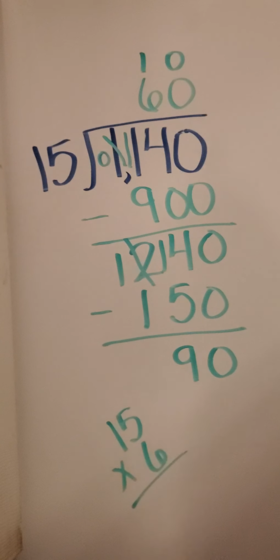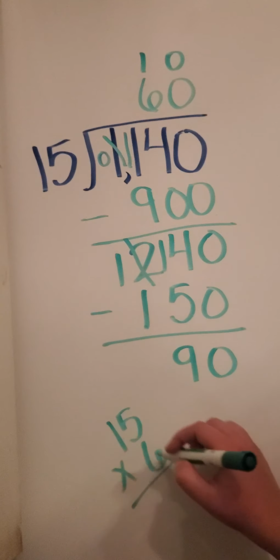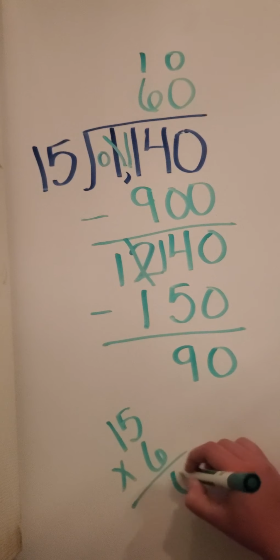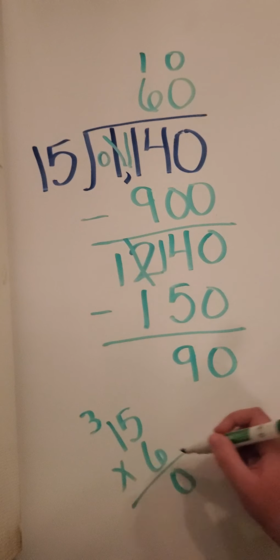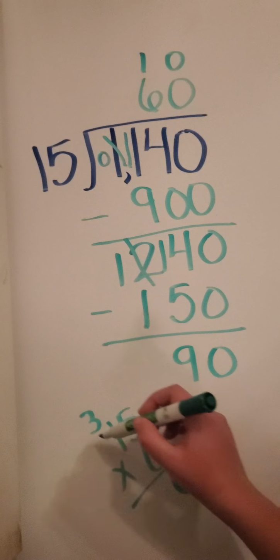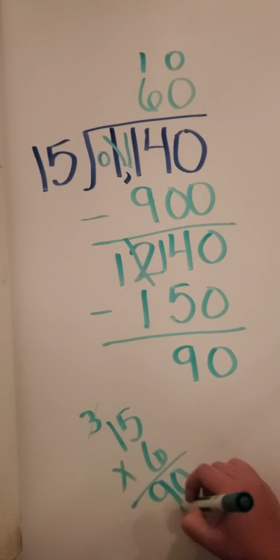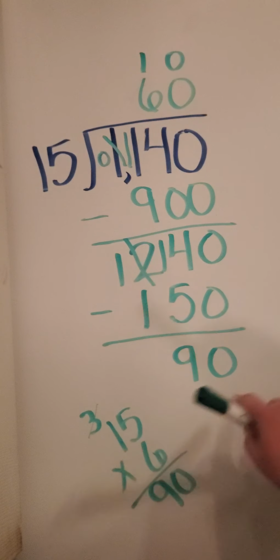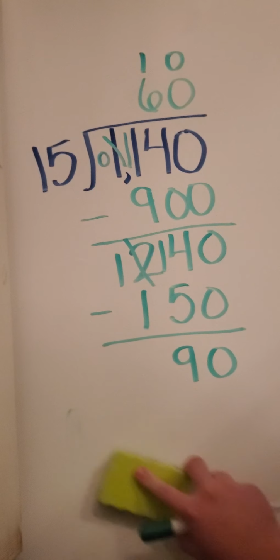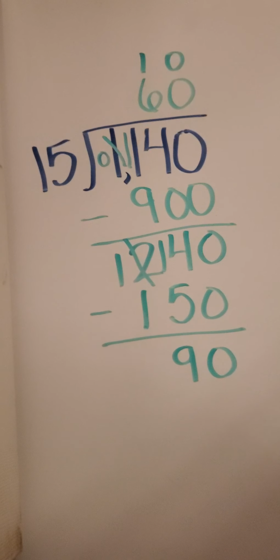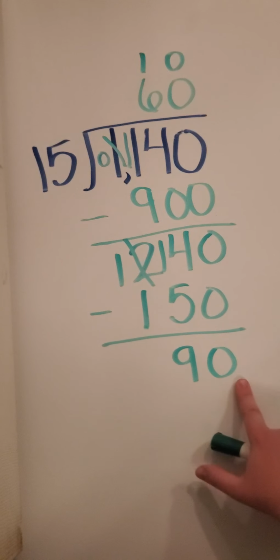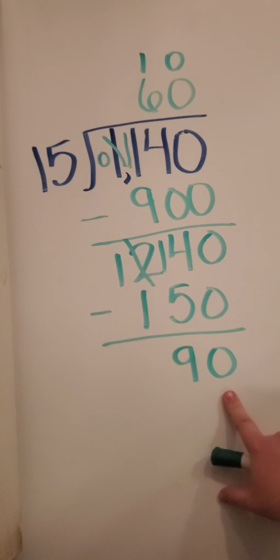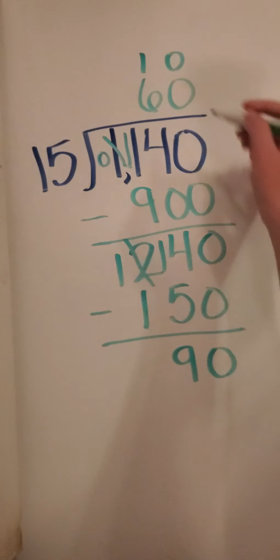But let's go ahead and double check. So it should be 5 times 6 is 30. 6 times 1 is 6, plus 3 is 9. So 90 matches 90. So we need to multiply that 15 times 6. And I wasn't covering up anything, so I don't have to make my 6 10 times greater.